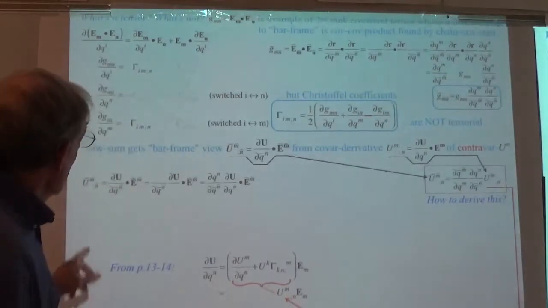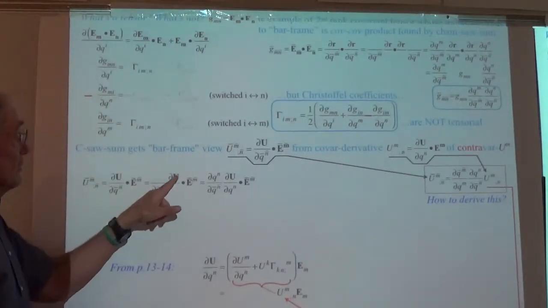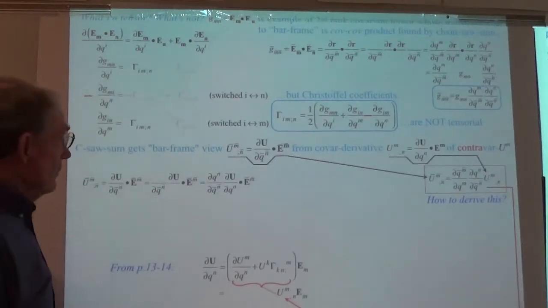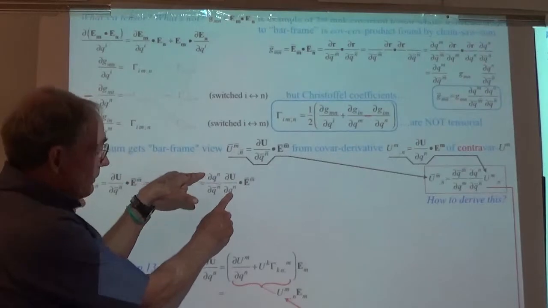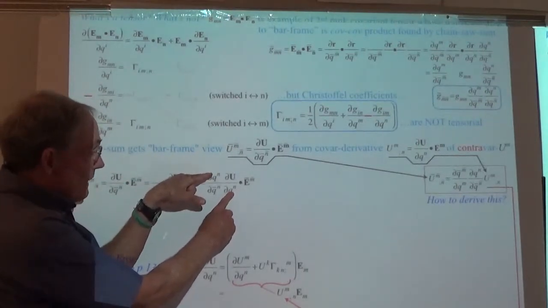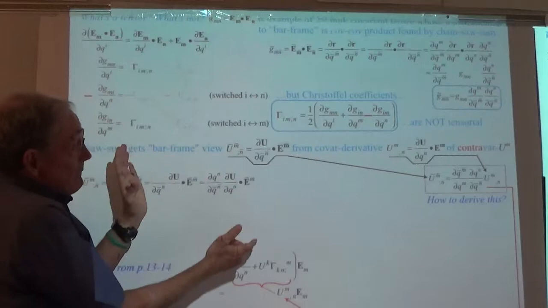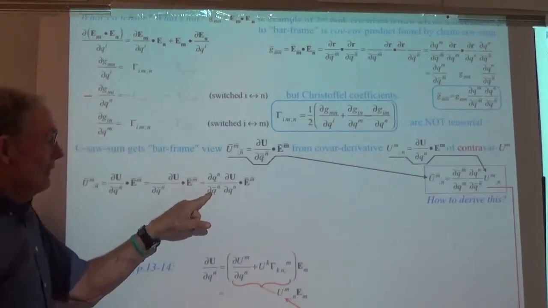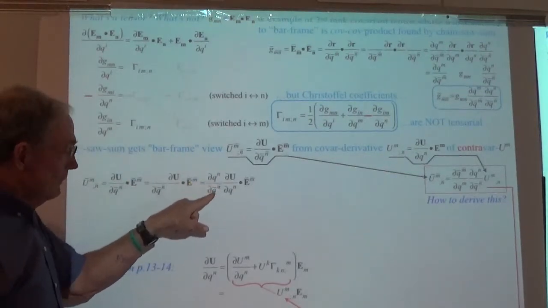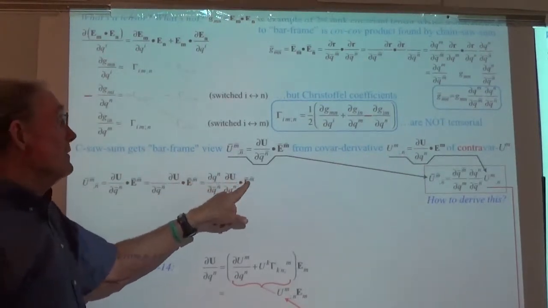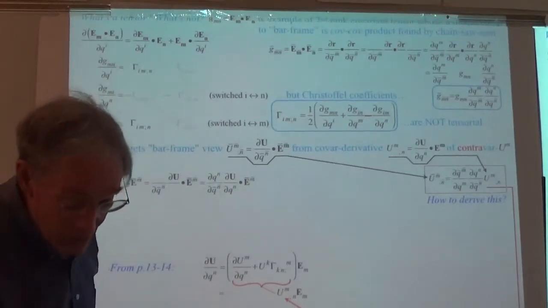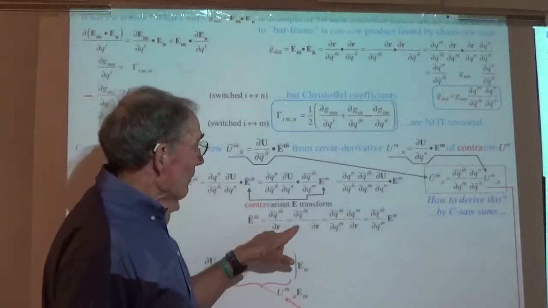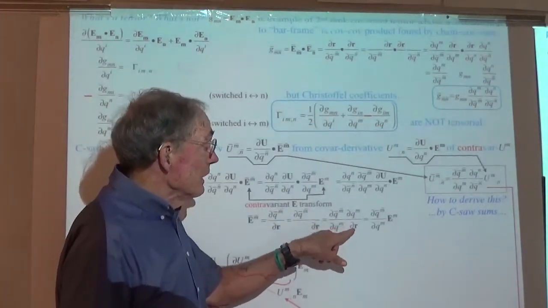Again, same thing that you did up there, essentially. Okay, so here is the definition of the thing. I chainsaw sum the partial derivative, and then stick in where I want to go. I'm here with the bar guys. I want to get back home where I don't have bars. And there is going to be one of the Jacobians. But then I already know how to take the E out of bar land into non-bar land, and that's a contravariant E transform. Once again, that's a chainsaw sum as well.